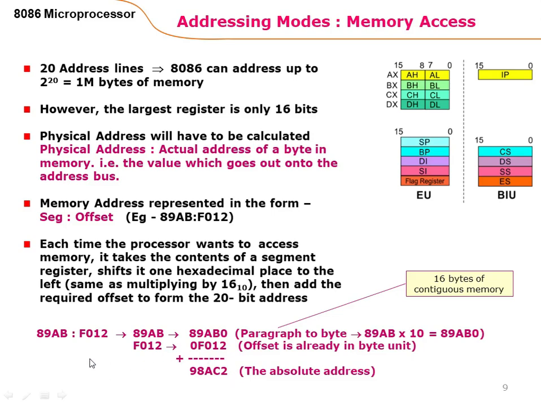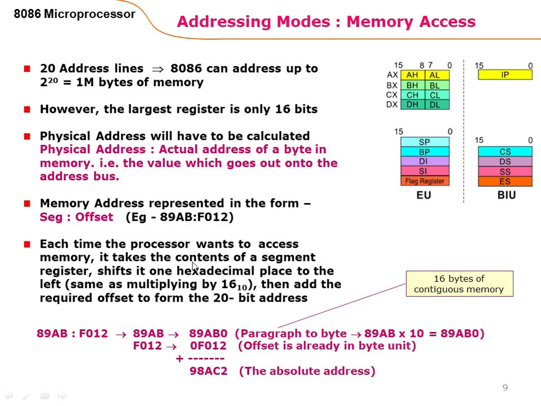Here see the example. The memory address is represented in the form below. It specifies the segment, then a colon, and the offset value. We will consider one example, 89AB:F012. Here 89AB is the segment register value and F012 is the offset value.